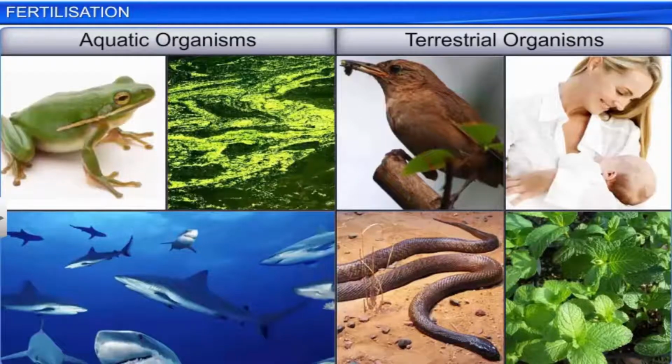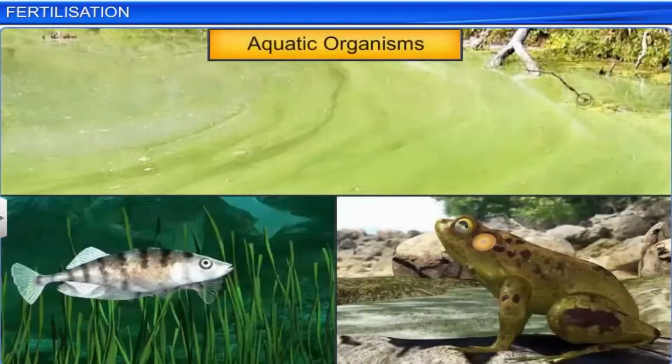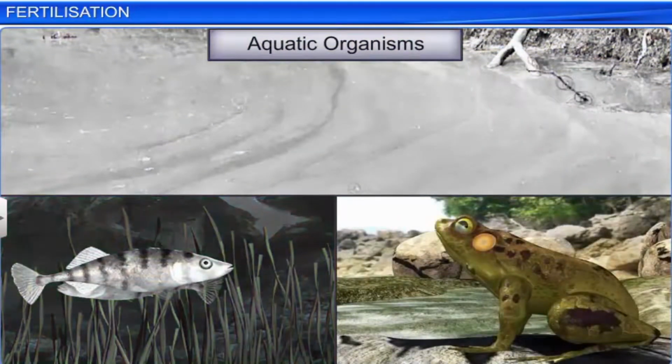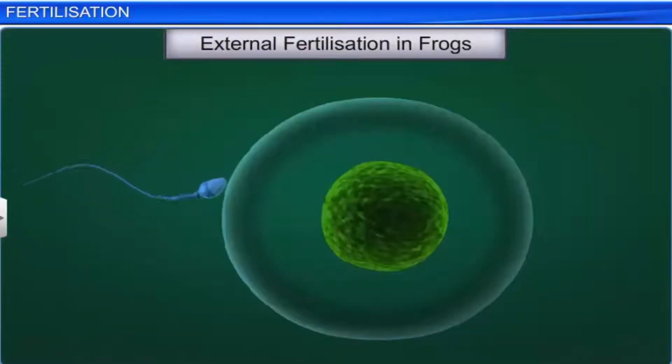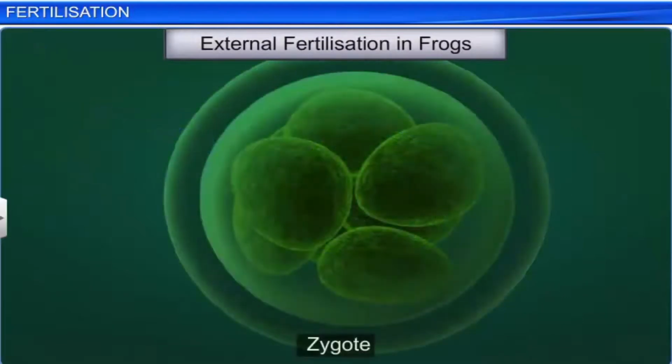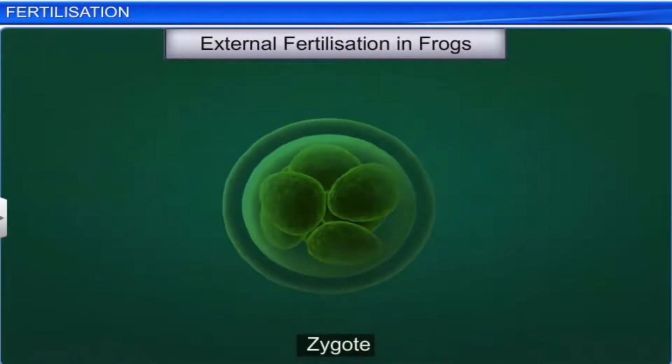Fertilization, on the other hand, occurs in a wide variety of aquatic as well as terrestrial organisms. However, the way fertilization occurs in aquatic organisms is very different from the way it occurs in terrestrial organisms. In most aquatic organisms, including algae, fish, and amphibians such as frogs, fertilization is external, where the male and female release their gametes in water, and the fusion of the gametes as well as the formation of the zygote occurs outside the body of the organism, that is, in an external medium such as water.